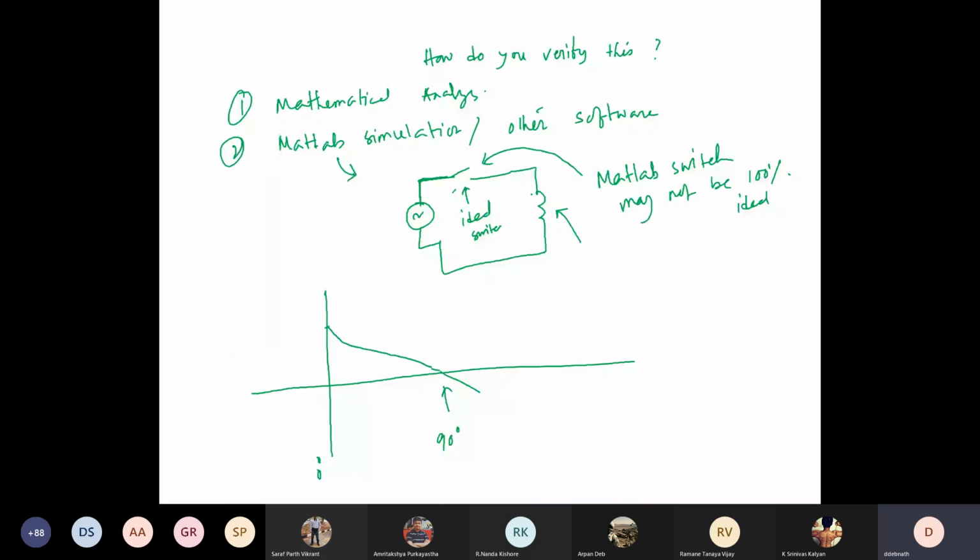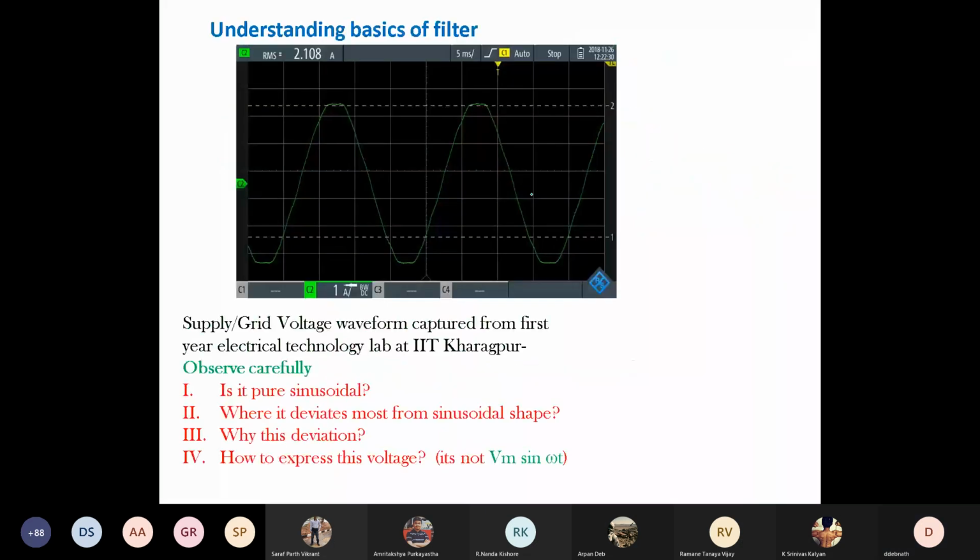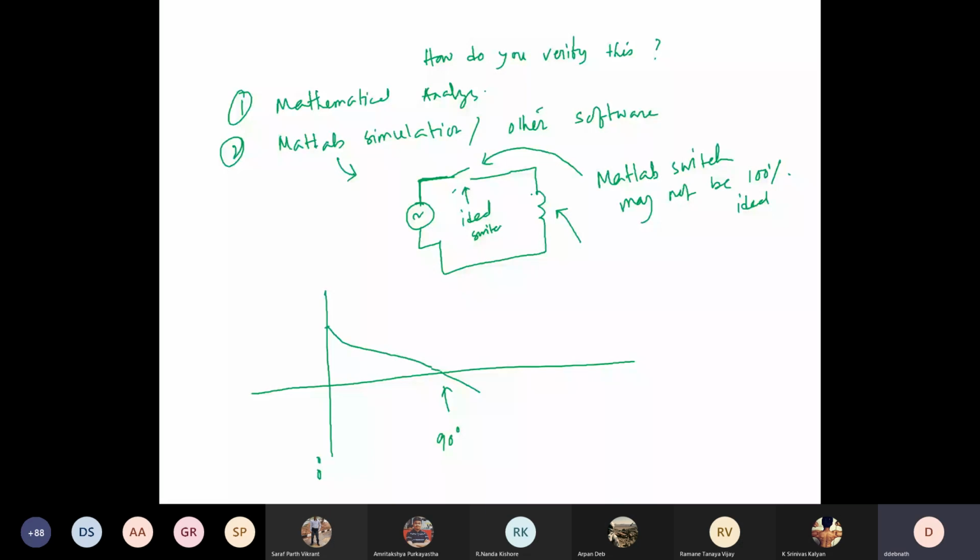Is that okay? Or do you understand why it is physically happening? Or you have any different view on this? Anyone? What I'm trying to understand from you is whether you agree.